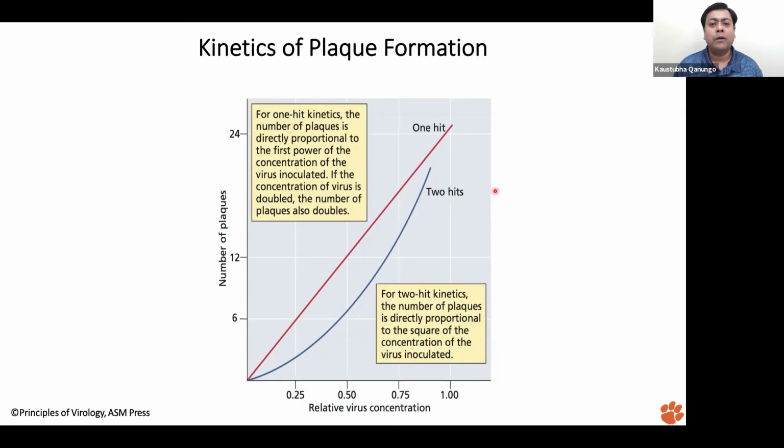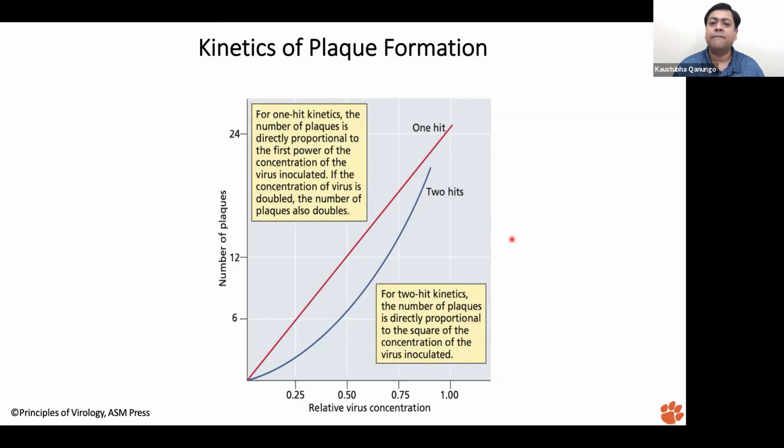They are separately packaged inside the virus, and then the virus particle is formed. They show a very different, parabolic kinetics, which we call two-hit kinetics. So you have different types of plaque assay results from those very specific viruses, and we are going to talk about this much later as well.